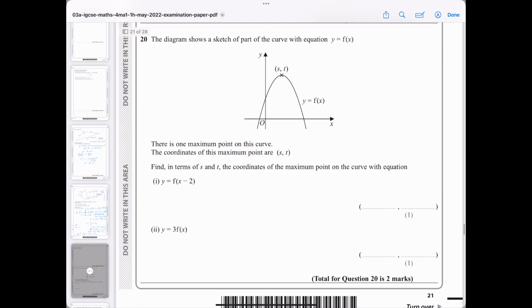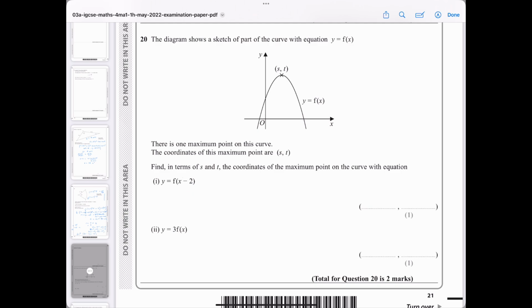Wonder if I can fit this in. This shows a sketch of part of a curve with y equals f of x. It's just a quadratic, but a minus quadratic. Here is one maximum point of the curve, s, t. Find in terms of s and t the coordinates of the maximum point on the curve with the equation f of x minus 2.